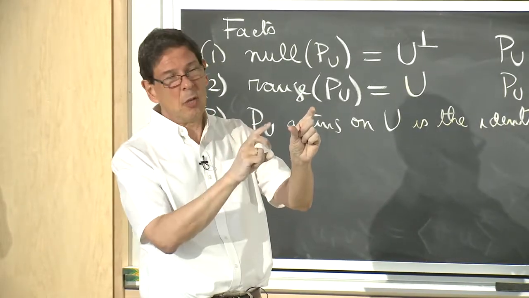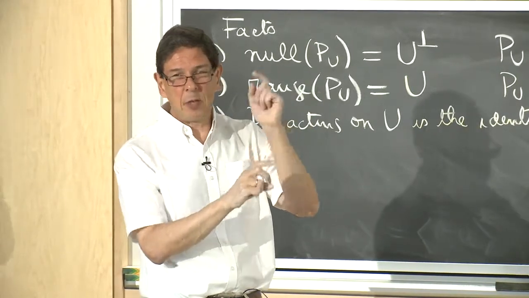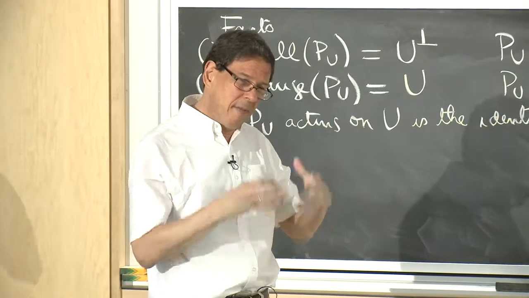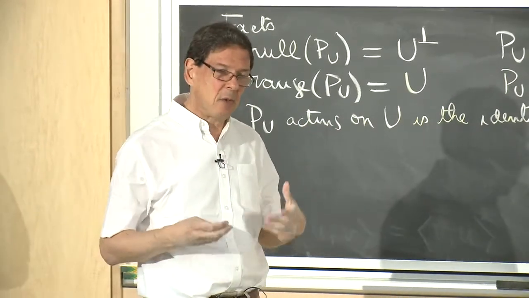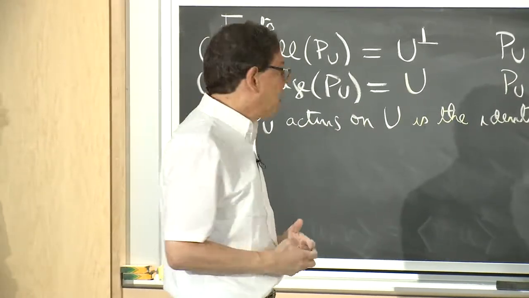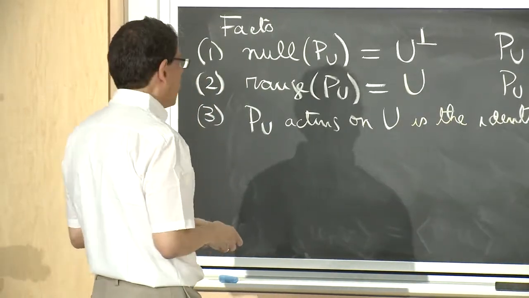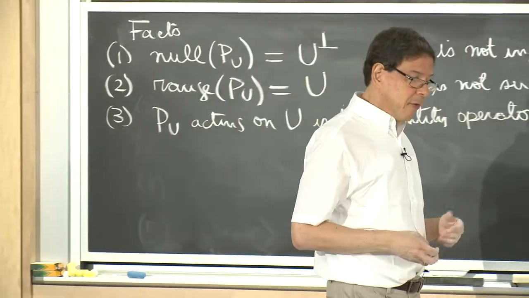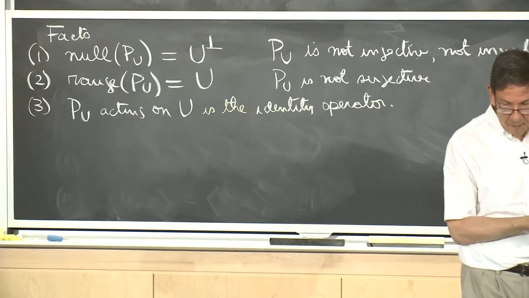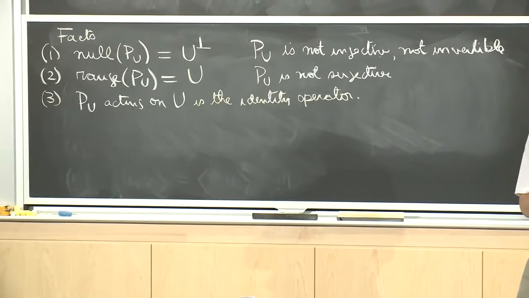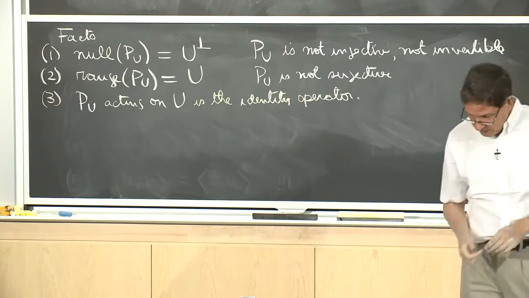So if it acts on a vector that is in U, it gives you the same vector. So whenever it's acting on the vector space U, it's just the identity operator. Whenever it's acting on the vector space U perp, it will be 0.